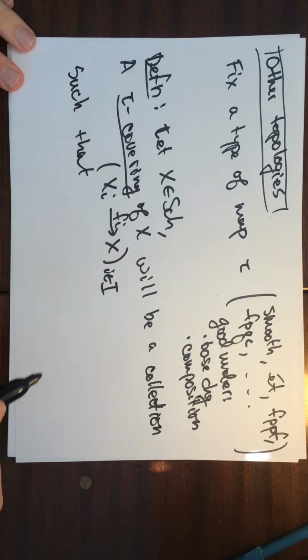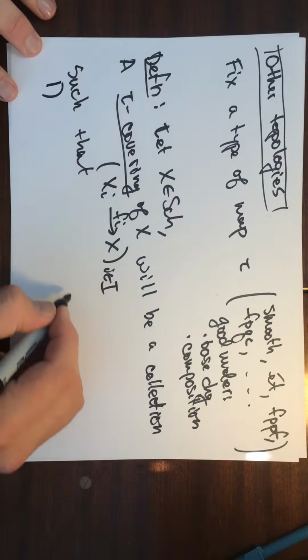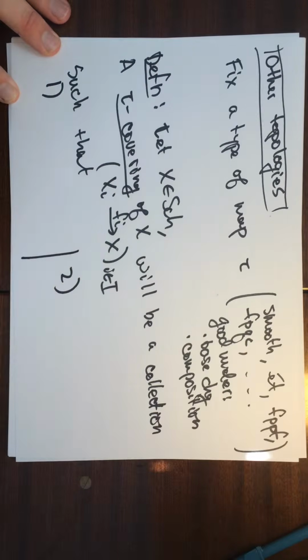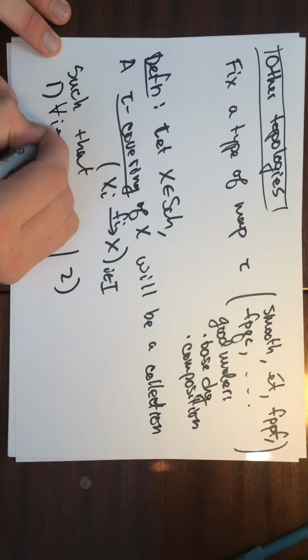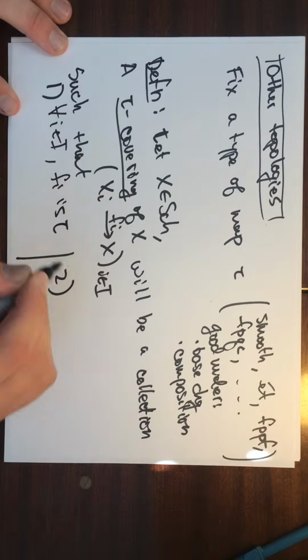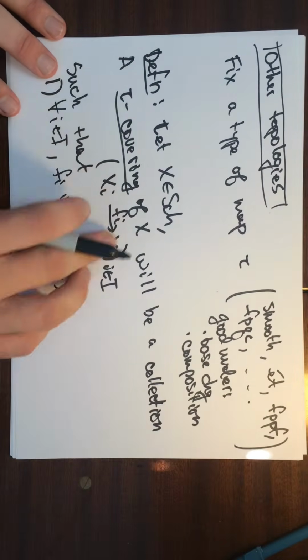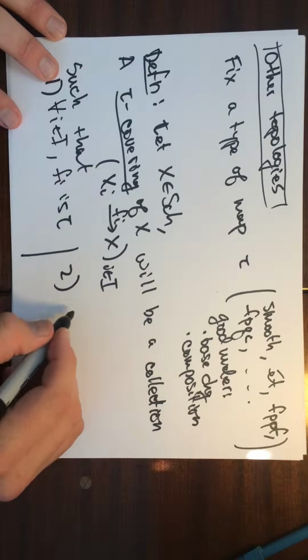The first thing that needs to hold is that for all i in I, f_i is tau. So if it were étale, these would all need to be étale maps. So yeah, that's kind of self-explanatory.